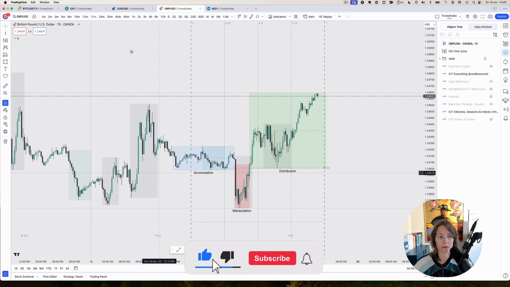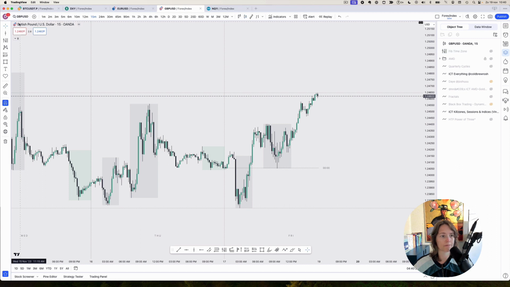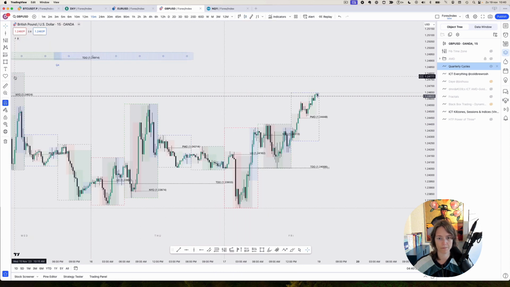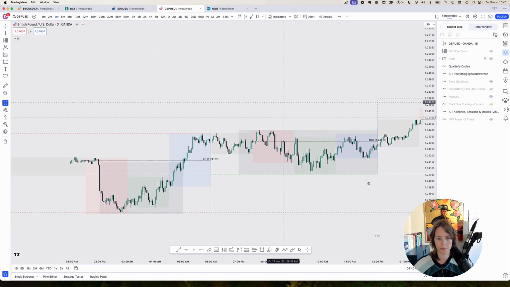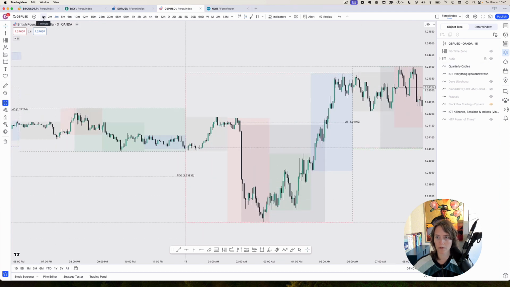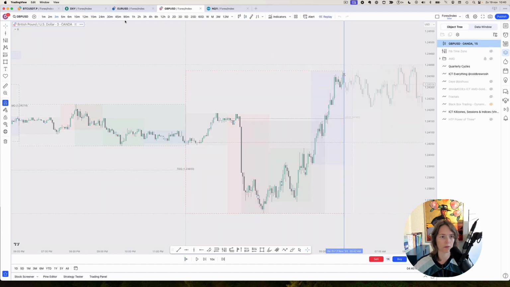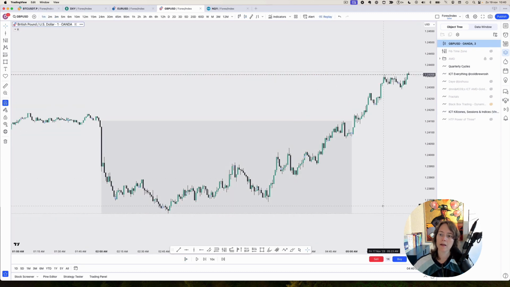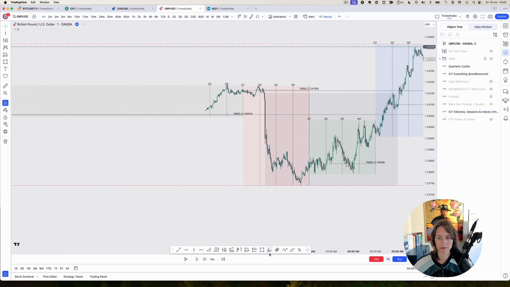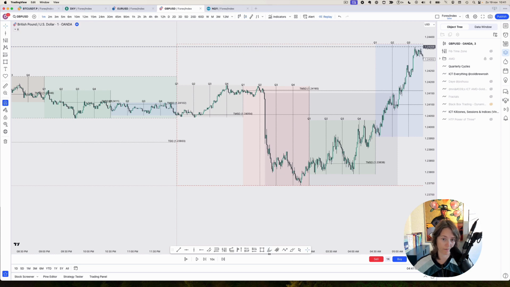And I recommend putting on the quarterly cycles, this one on your chart, and then start zooming into low time frame. Let's replay to here. Let's do it to the 1 minute. Just put this indicator on your chart and start observing what you see.